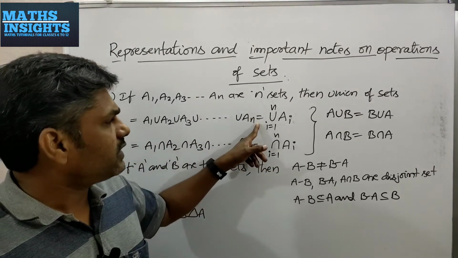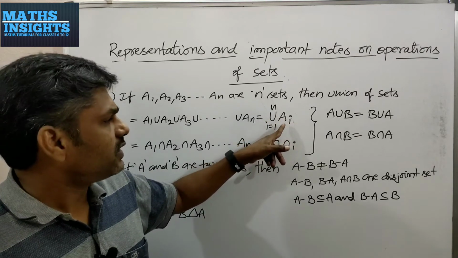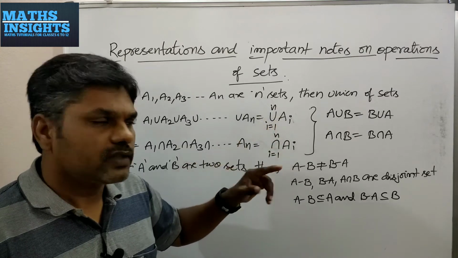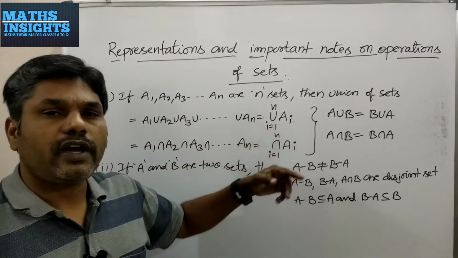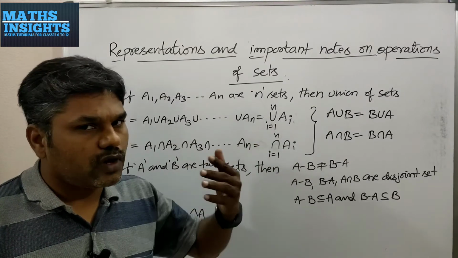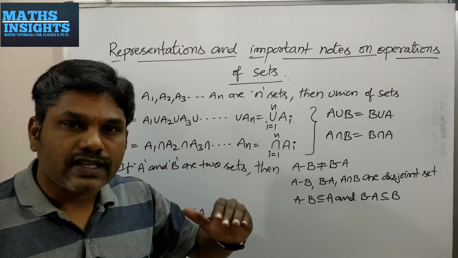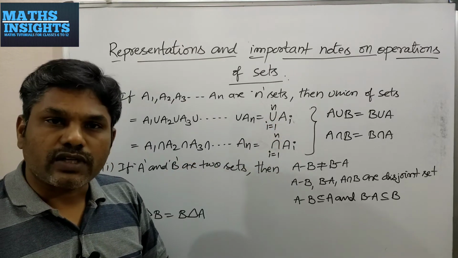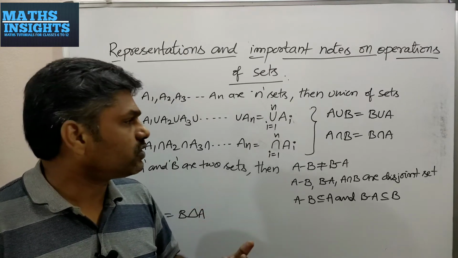Simply, you write union of Ai, where i equals 1 to n. If you replace i equals 1, you will get A1. If you replace i equals 2, A2, and so on. If you replace i equals n, you will get An, and between them you put the symbol union. Then that becomes the union of more than two sets.